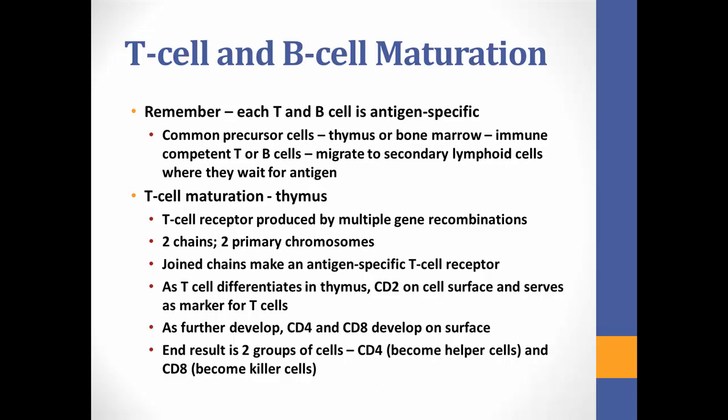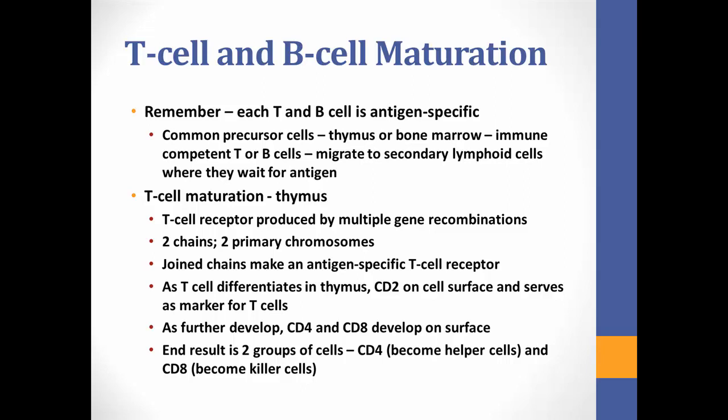These precursor cells help us develop immune competent T or B cells. These immune competent cells then migrate to secondary lymphoid organs, and they sit there and wait for an antigen. When an antigen shows up for them to interact with, that's when they become antigen specific.